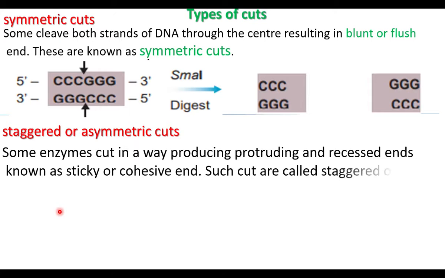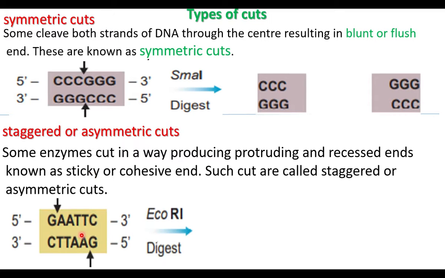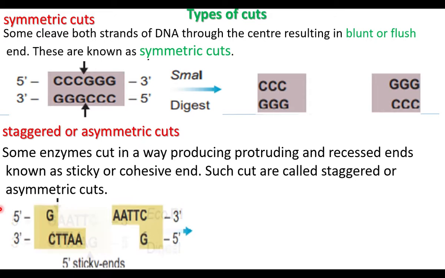Such cuts are called staggered or asymmetric cuts. Staggered or asymmetric cuts produce sticky ends or uneven ends. EcoRI produces staggered or uneven ends by making asymmetric cuts.